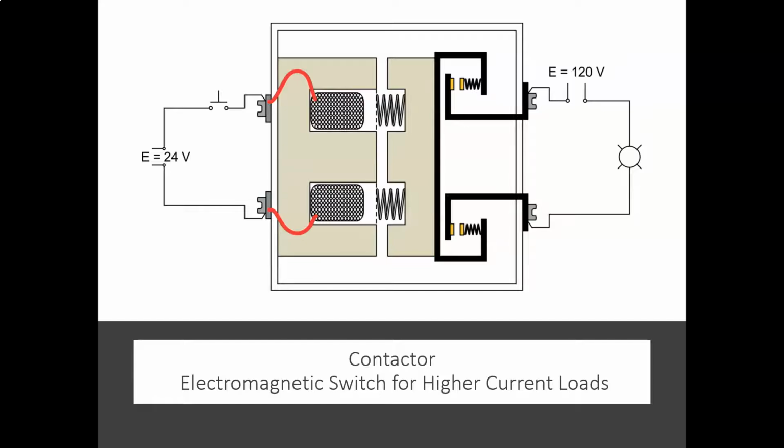If those contacts open up slowly, you're going to get lots of arcing, lots of carbon, pitting in the metal, and damage done to your contacts, which is not good because it's going to cause resistance and hot spots. So these springs are to open up your contacts at a speedy rate after they've been closed.